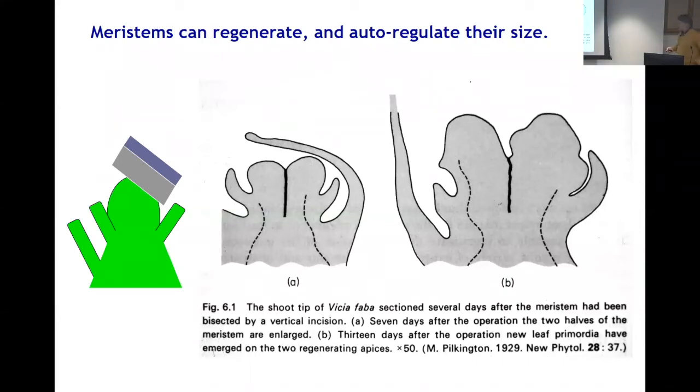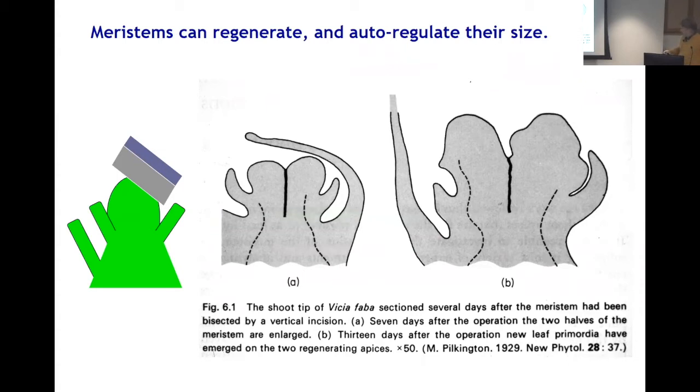Now, we've known for a really long time, actually since the 1920s and before, that the meristem has some kind of program for controlling its size. The meristem is a structure of proliferating cells, but the cells are not proliferating out of control, of course. It's very carefully controlled.